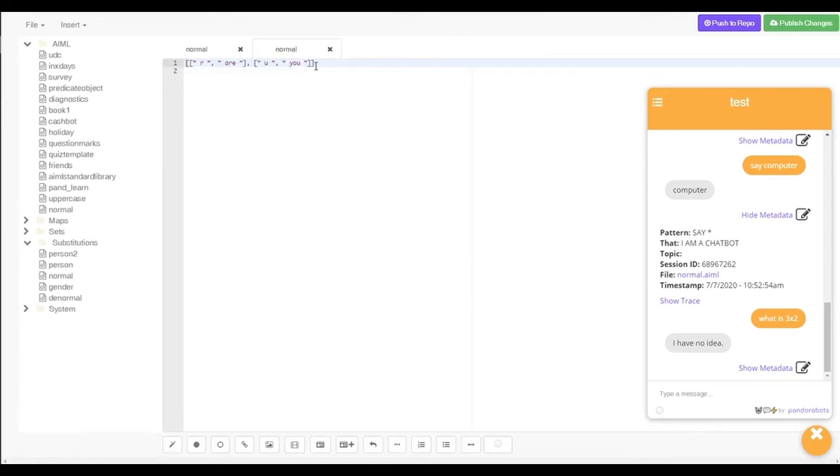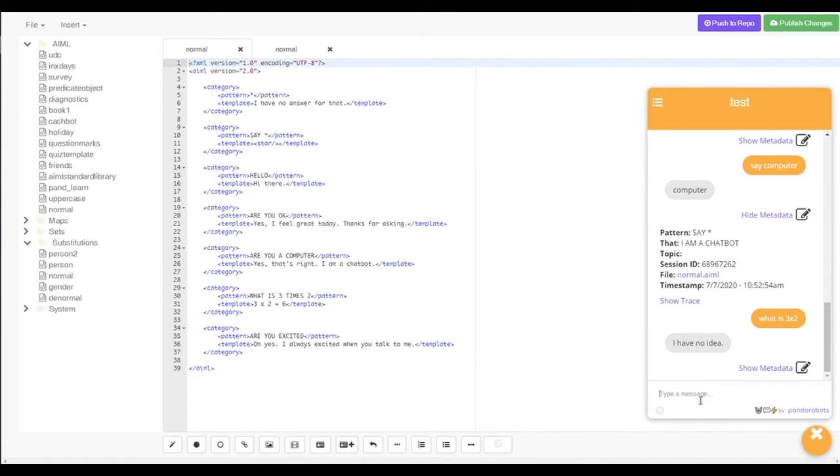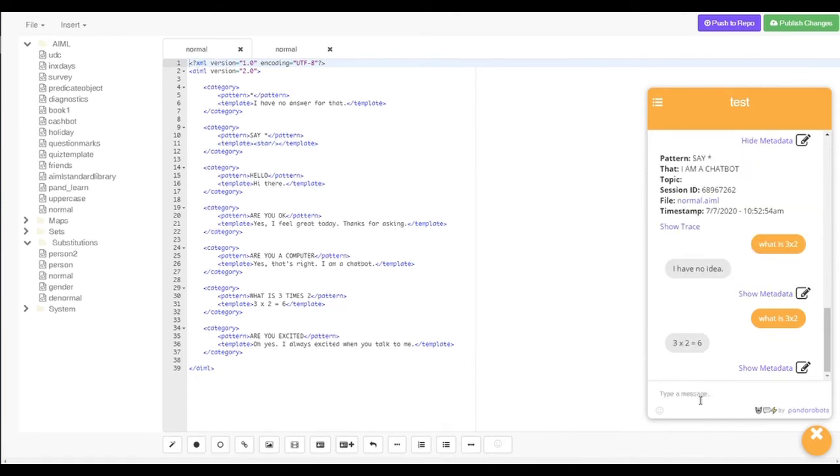So what we can do, x is equal to times. Now if I say what is 3 times 2, 3 times 2 is 6. Which is great. So now we can do multiplications.